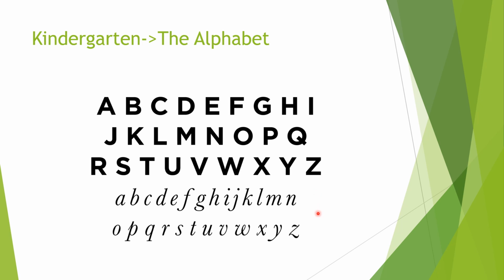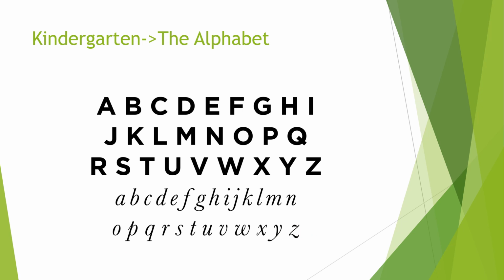All right, the sounds now are A, B, K, D, E, F, G, H, I, J, K, L, M, N, A, P, Q, R, S, T, V, W, X, Y, Z. All right, so those are the sounds that each of the letters make.